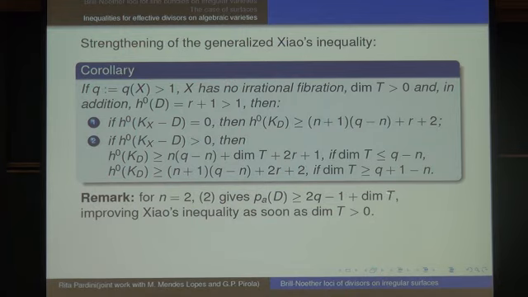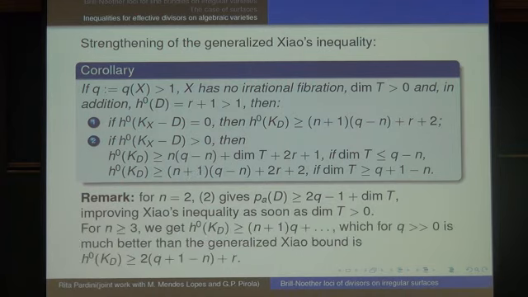So if the curve moves infinitesimally in some non-linear way, you have a better bound. And for n greater than 2, this is definitely much better, because Shaw's inequality, even in the generalized form, was 2q times terms. Maybe I've written it down.